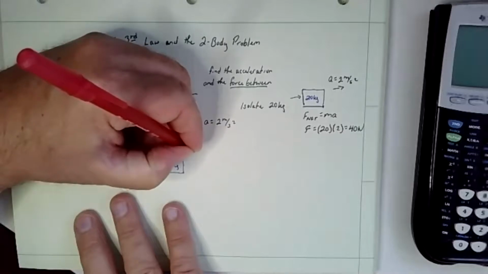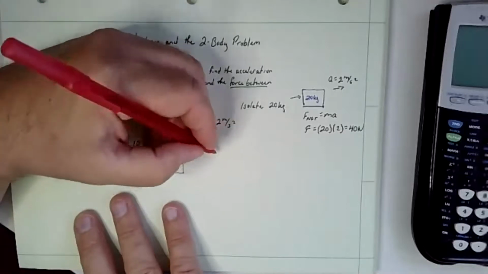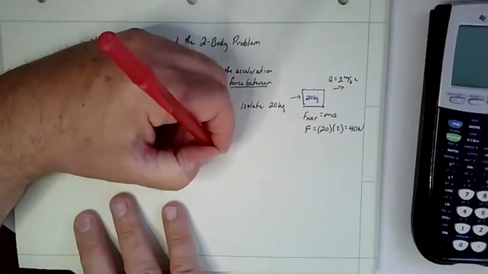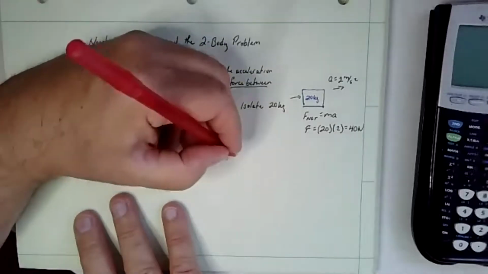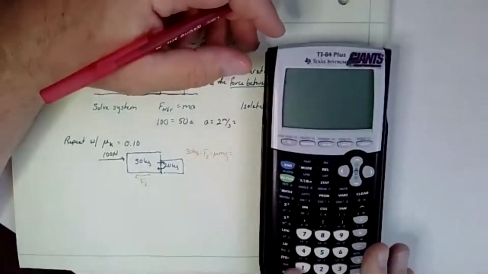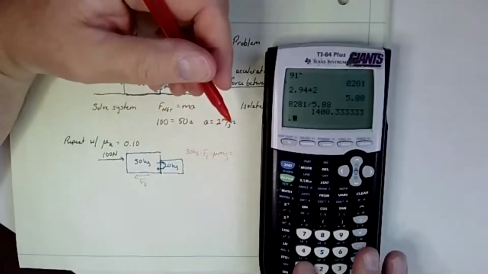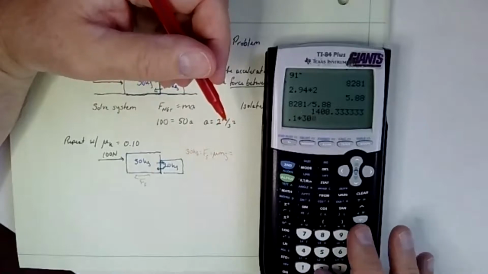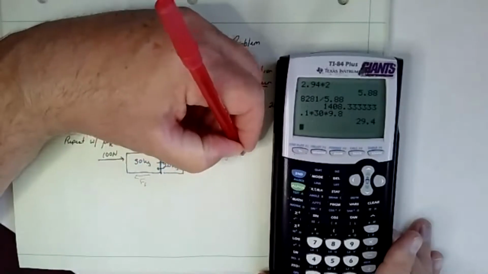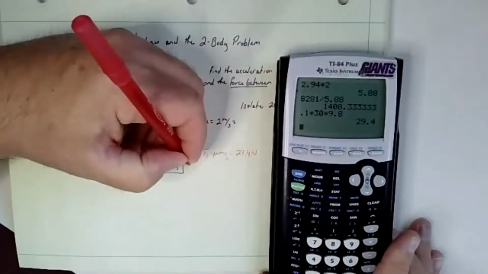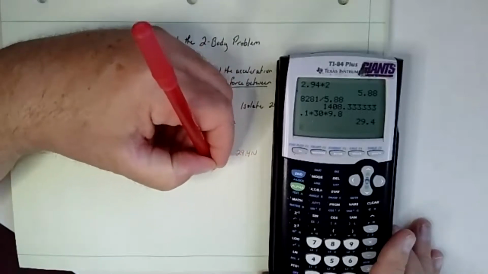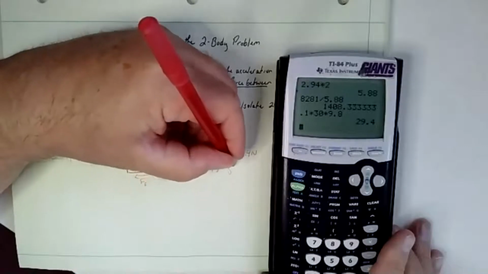Right, so for the 30 kilogram mass, force of friction is the coefficient of friction times the normal force, and the normal force is just equal to mg since we're on a level surface. And so I'll type in the numbers for that. And 0.1 makes the math easy. So 0.1 times 30 times 9.8. Yeah, so that's going to be a force of friction of 2.94 newtons. And the 20 kilogram, coefficient of friction, mass, and gravity.